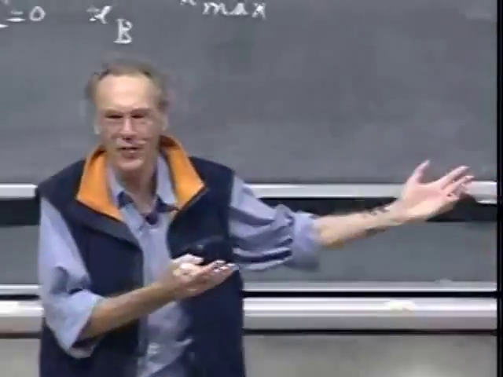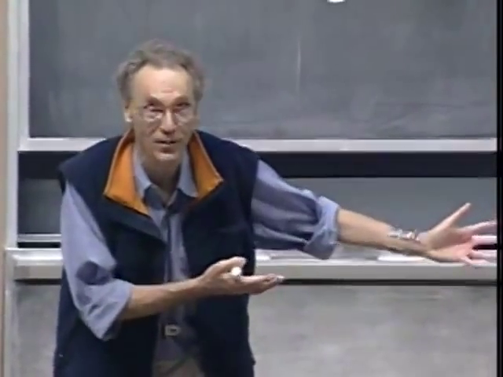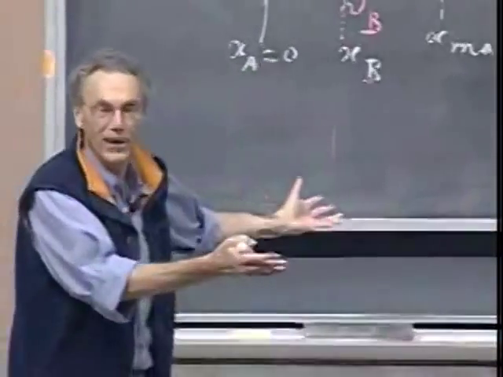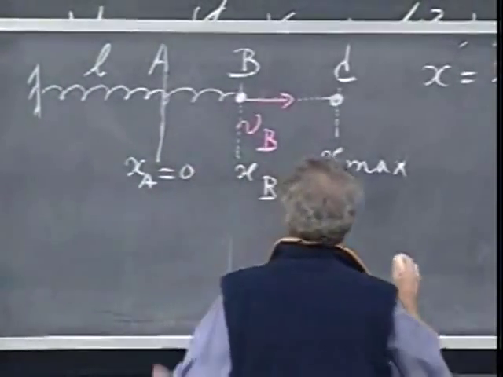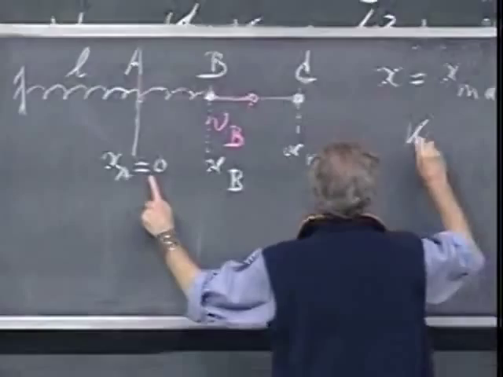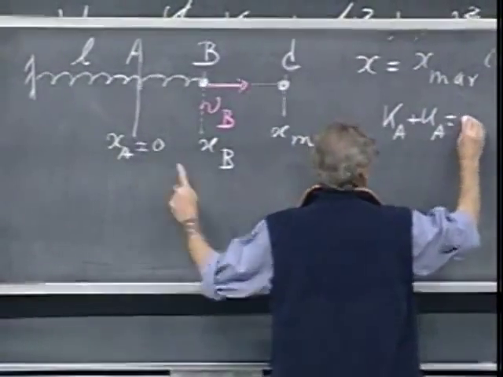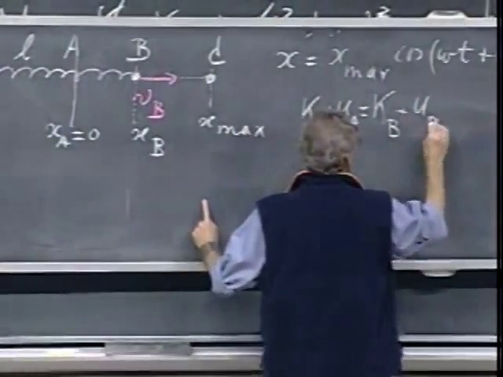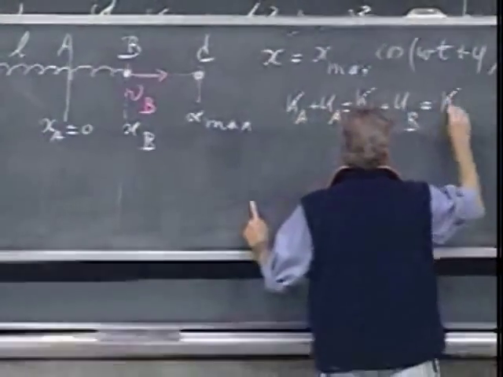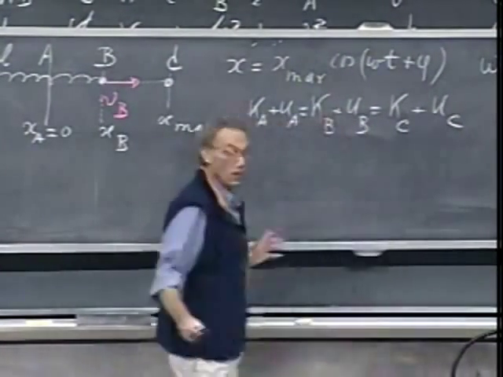Shall we try the conservation of mechanical energy? Is anything wrong with that? Maggie, nothing wrong with it. Let's try the conservation of mechanical energy. The conservation of mechanical energy tells me that the kinetic energy at A plus the potential energy at A must be the kinetic energy at B plus the potential energy at B, and that must equal the kinetic energy at C plus the potential energy at C. Right?